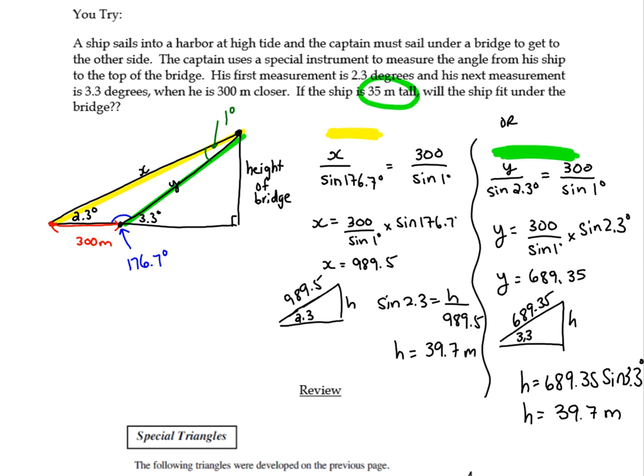And so you would have 989.5 times sine 2.3 equals your height. You get 39.7. If you found out y, or my green line, then your sine ratio would be different. y over sine 2.3 equals 300 over sine 1. You get 689.5. And then you're using the small right triangle, but you still get the same thing.